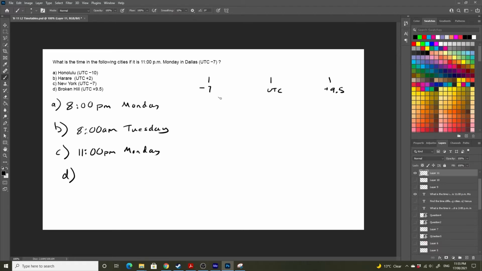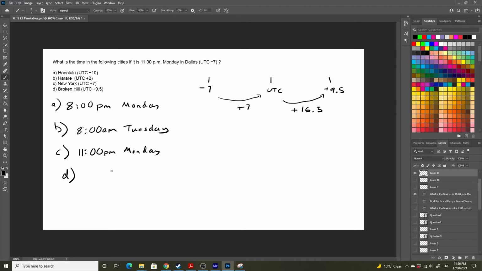So we have to add 7 back to get to UTC, and then we have to add 9.5 to get to plus 9.5, ultimately meaning that this is plus 16.5. So it's 16.5 hours after Dallas local time.